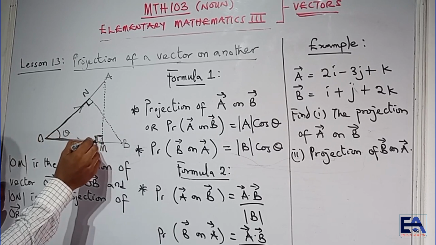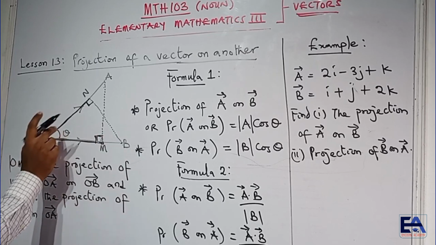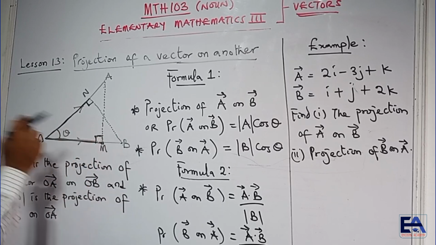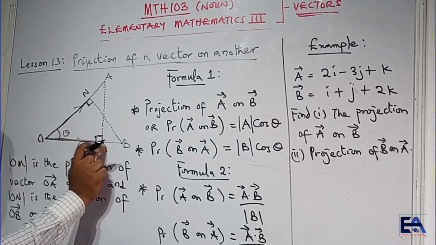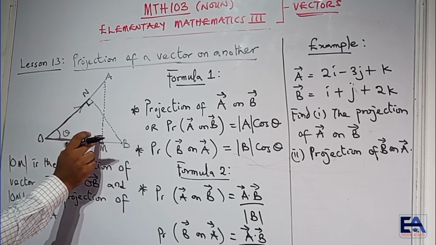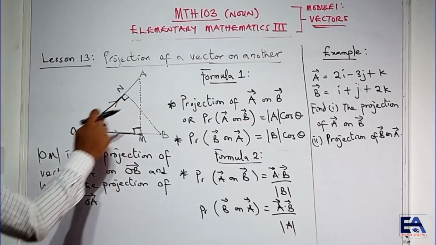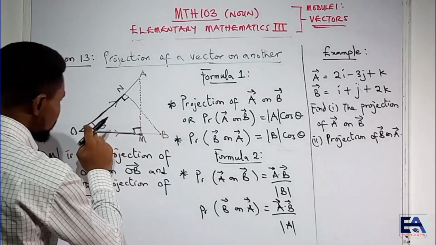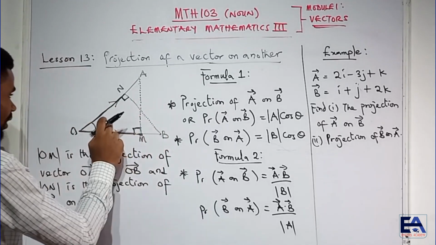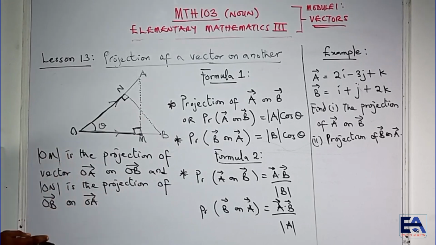The adjacent is always the line that carries the angle and also the 90 degrees, the right angle. Then the side that is facing the right angle, that is the 90-degree angle, is called the hypotenuse. We've discussed this in previous lessons.